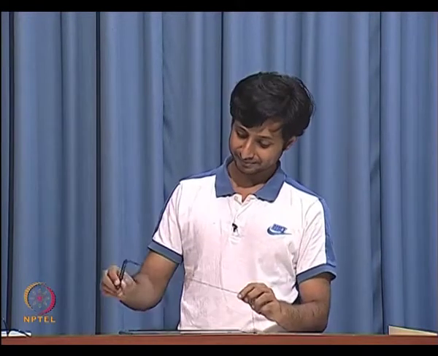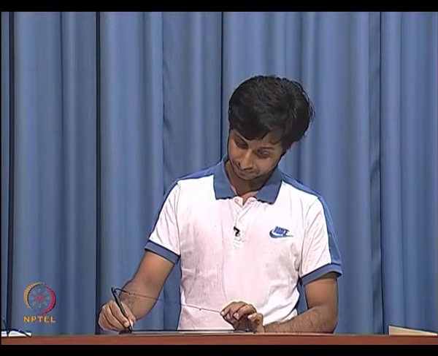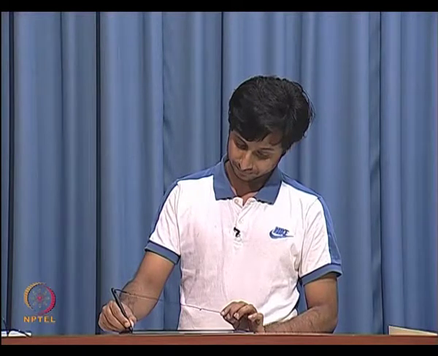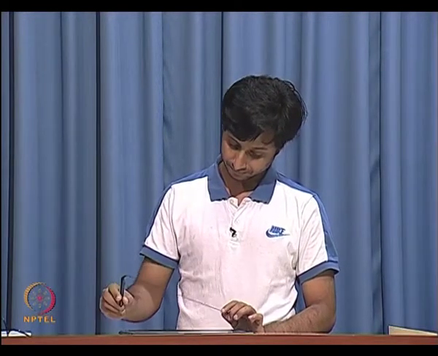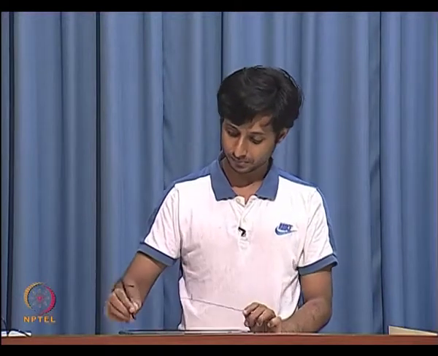Am I right? So, C s is going to be equal to C p times (1 plus Q squared) by Q squared. So, the impedance is going to decrease, which means the capacitance is going to increase a little bit in the series case.